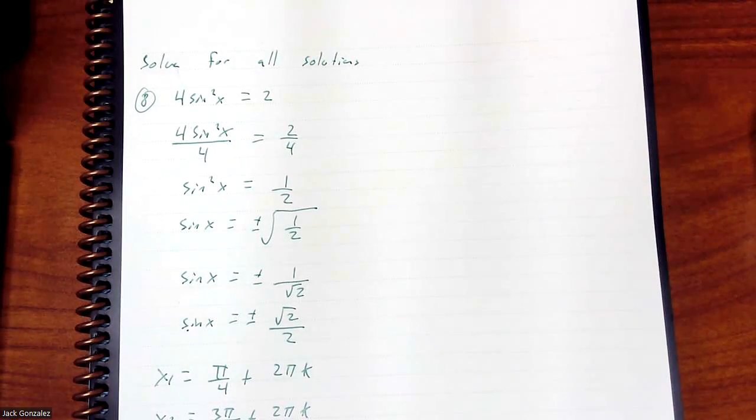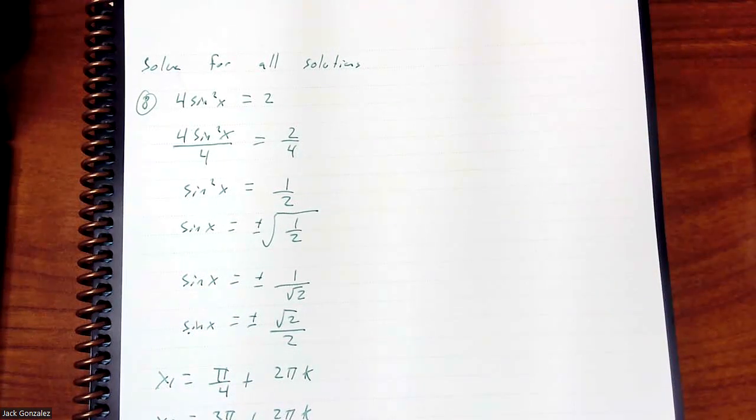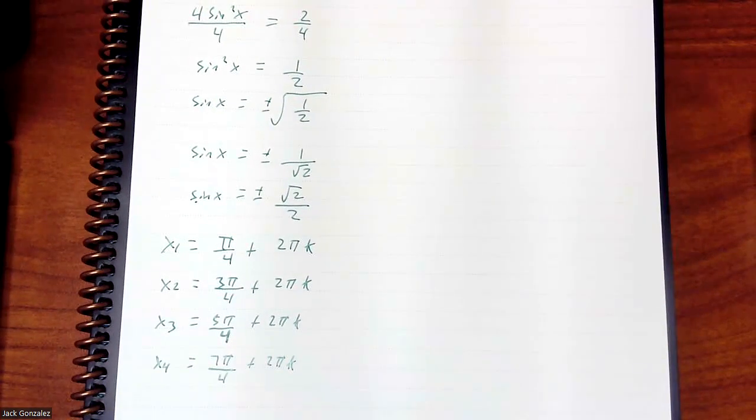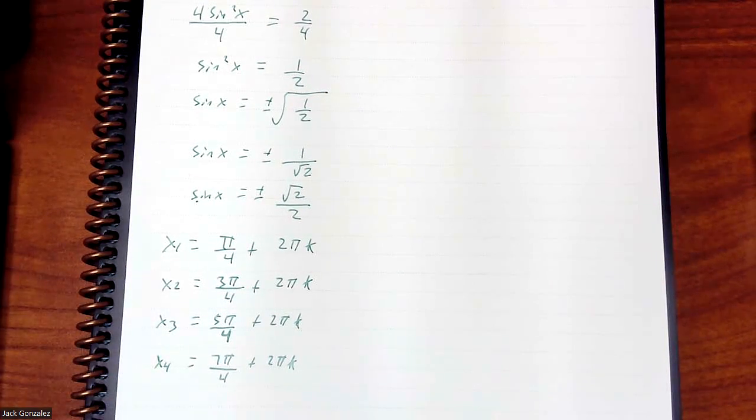X4 will be this. So the 4 locations we had earlier, just add 2 pi k from number 6. You could condense that into one solution because they all differ by what? 90 degrees, right?